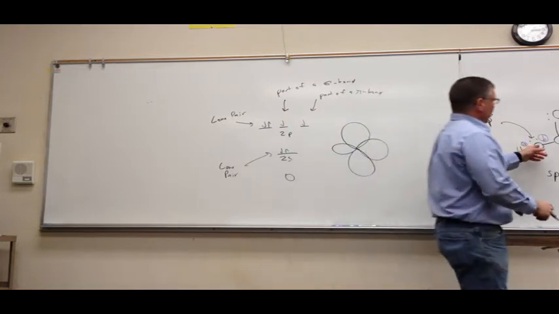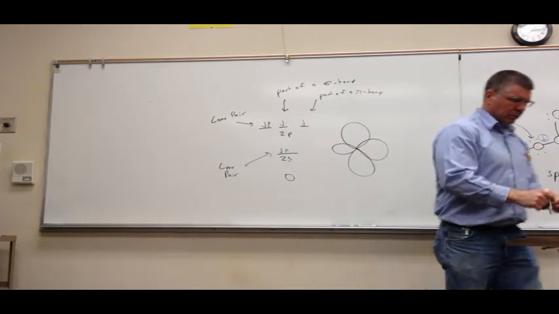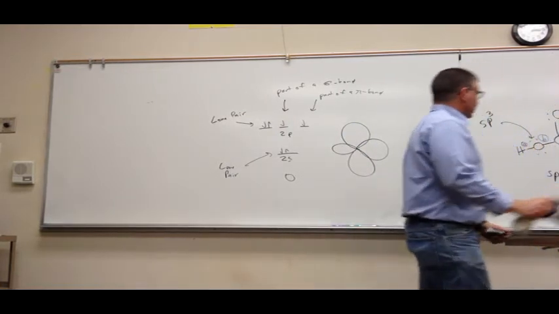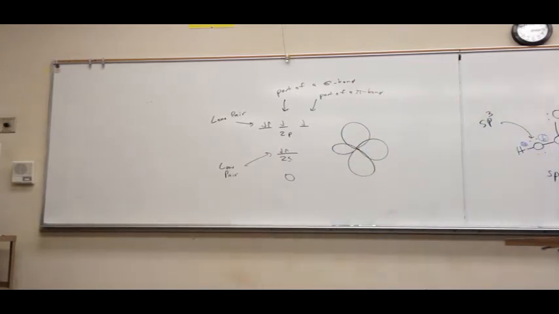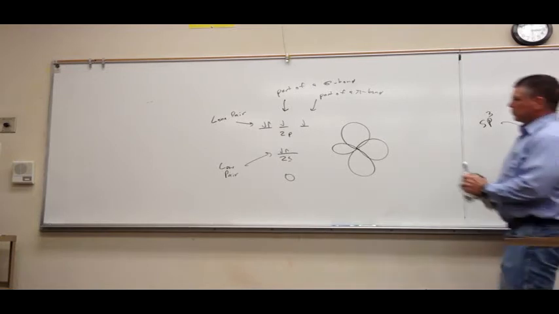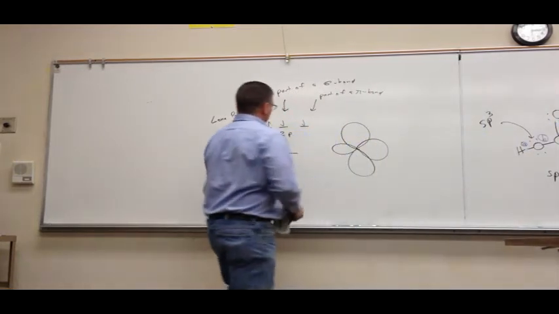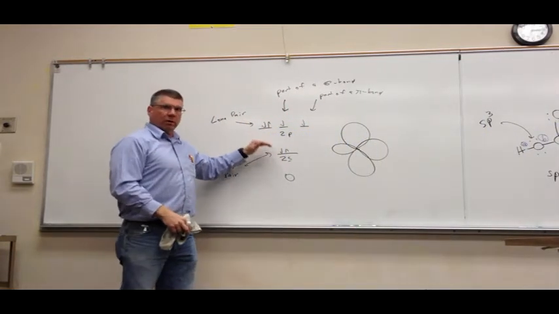Now this oxygen right here, see if you guys can figure this one out. We already said that this oxygen forms bond A and bond B. It forms a sigma with an sp3 onto the hydrogen, and also forms a sigma with an sp3 over to the carbon, right? This is still the electron configuration for oxygen.